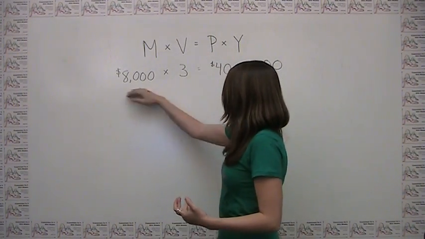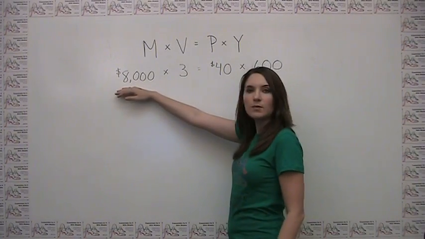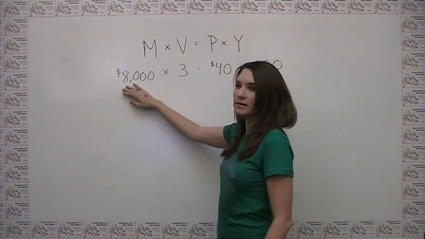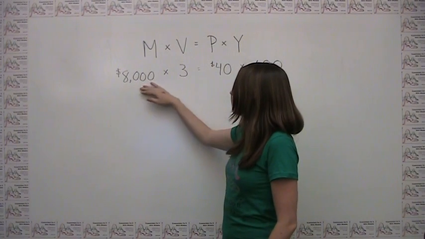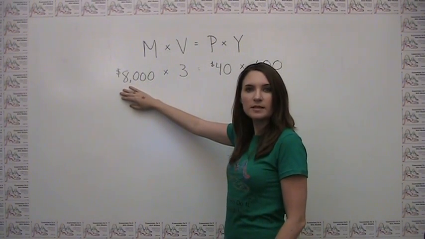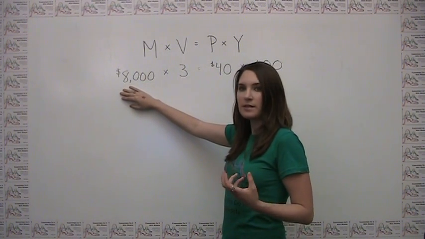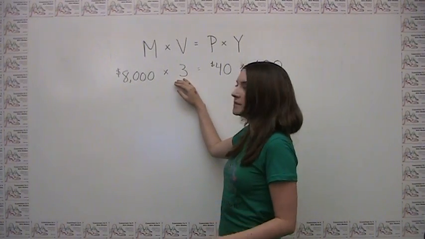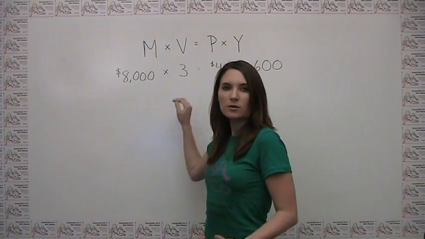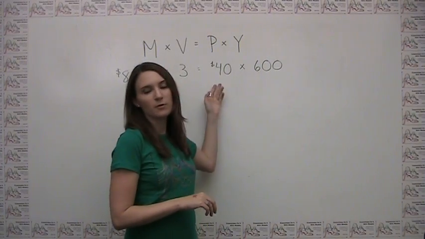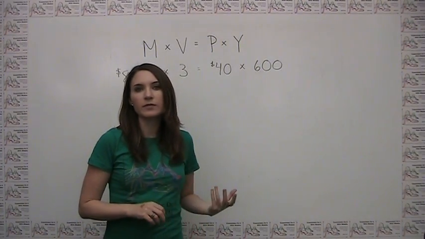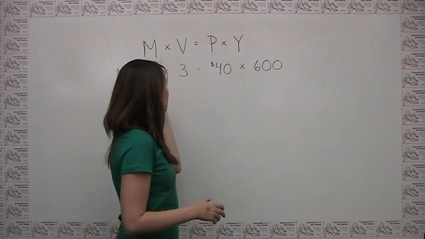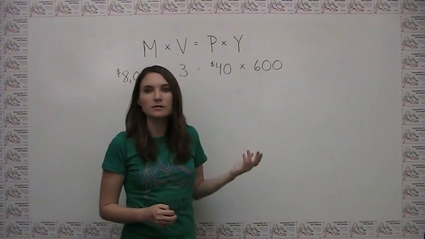If we look at the left-hand side of the equation, let's suppose that the money supply is $8,000. Well, if we have $8,000 in currency, then each unit of currency on average needs to change hands 3 times in order to pay for this $24,000 of output. At a fundamental level, this is exactly what this quantity equation says.